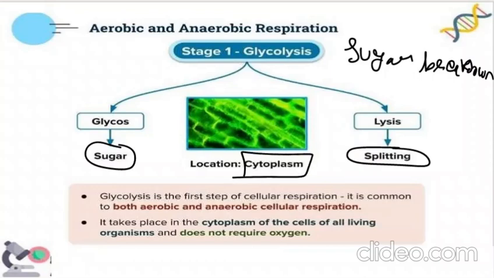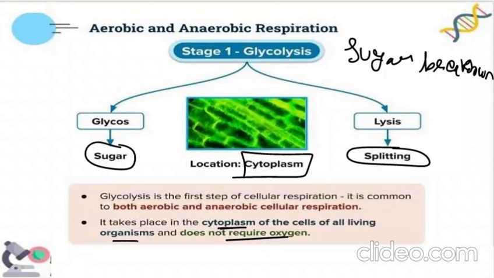Now, glycolysis is the first step of cellular respiration. This step is common in aerobic and anaerobic respiration. It takes place in the cytoplasm of the cells of all living organisms and does not require oxygen.